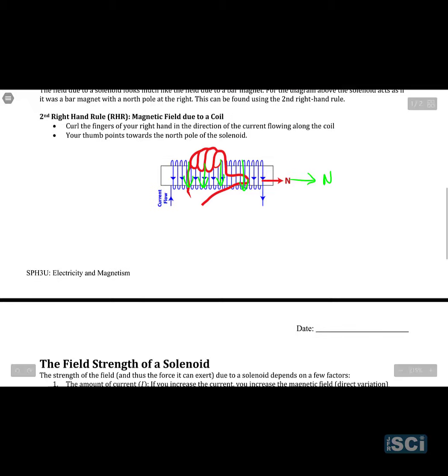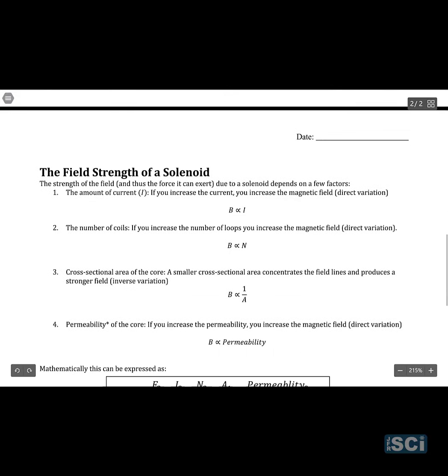So how can I actually increase the magnetic field? Well, there's 4 ways that I can do this, and all of them will increase the force that the magnetic field can apply. Since the strength of the magnetic field is related to the amount of force that it can apply, we're just going to talk about how the magnetic field can increase, and that would mean the force increases as well.